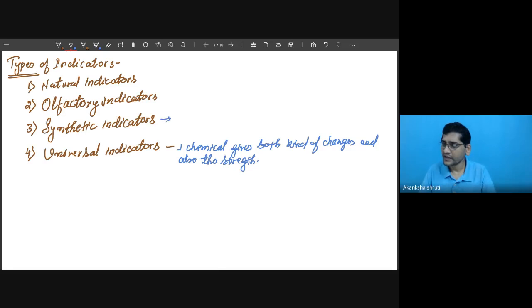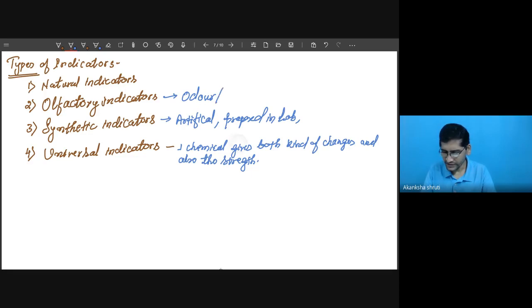Synthetic indicators, means which is prepared artificially. So it is also called artificial or in lab. What these are, example we will write. Olfactory indicator, which indicates by changing the smell. So it is odor. It is ODOUR, odor change.